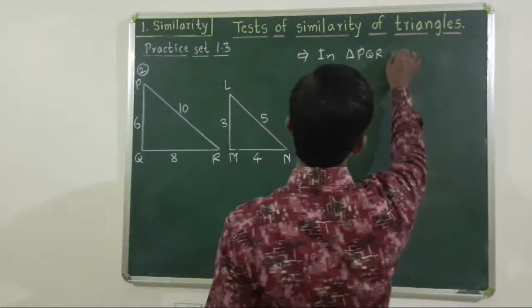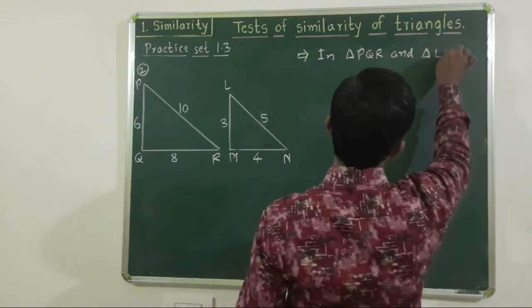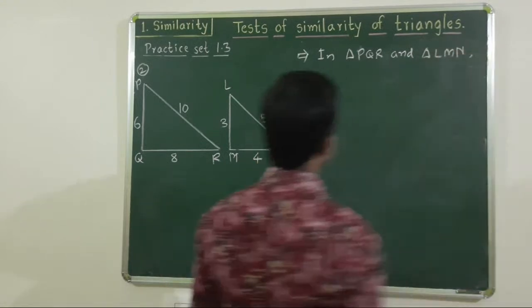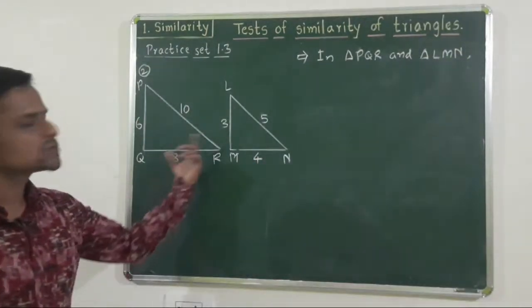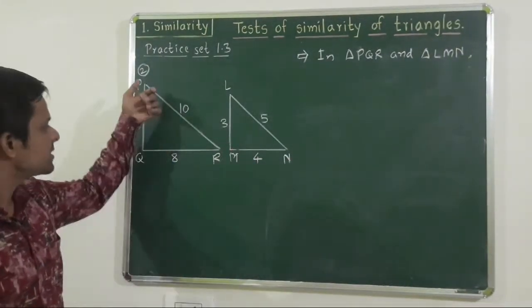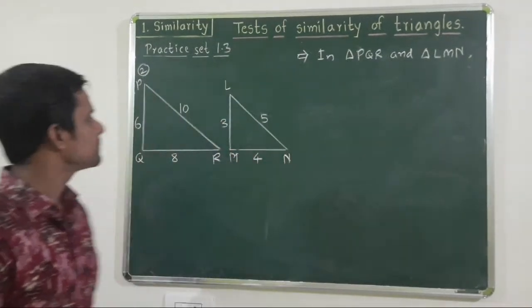This is the first step to solve the example. Write the proper names of the two triangles according to correspondence, that is triangle PQR and triangle LMN.